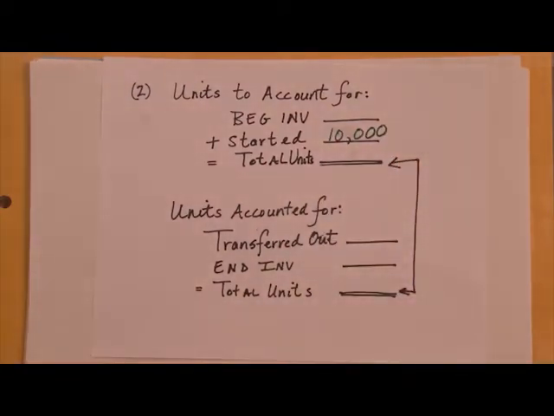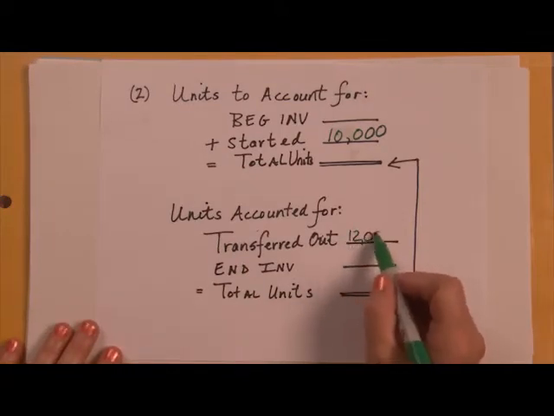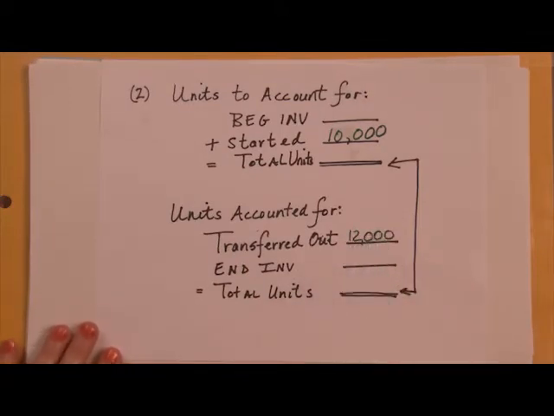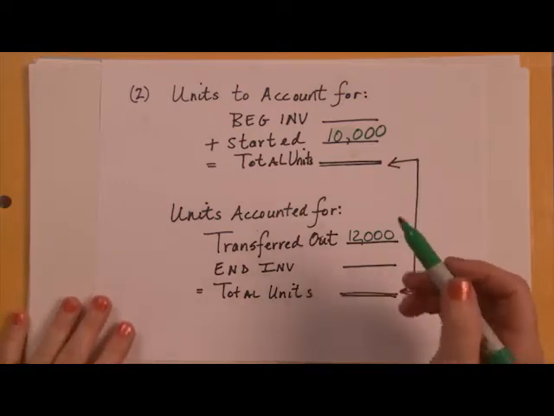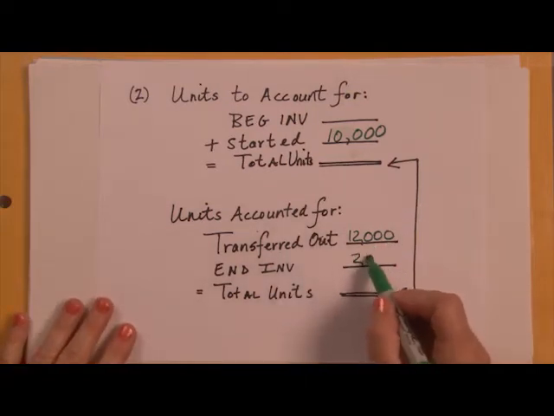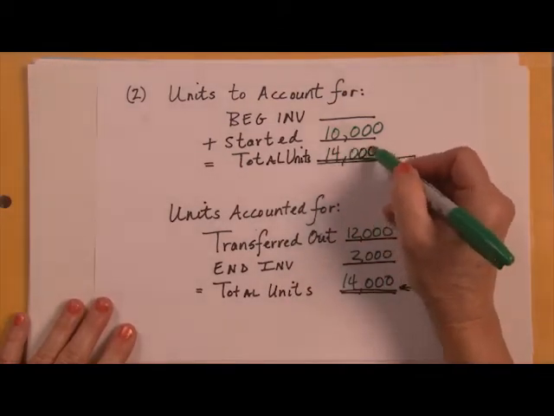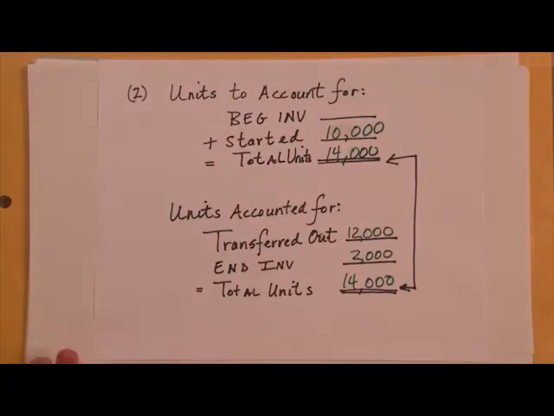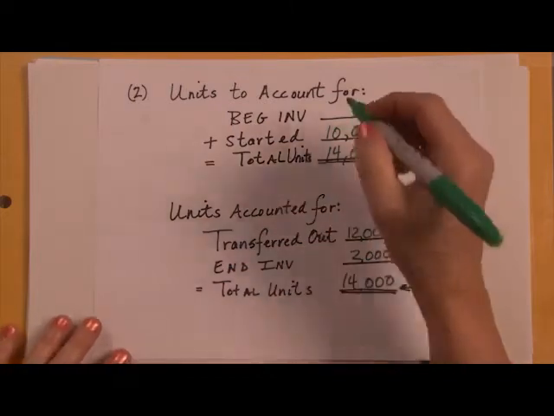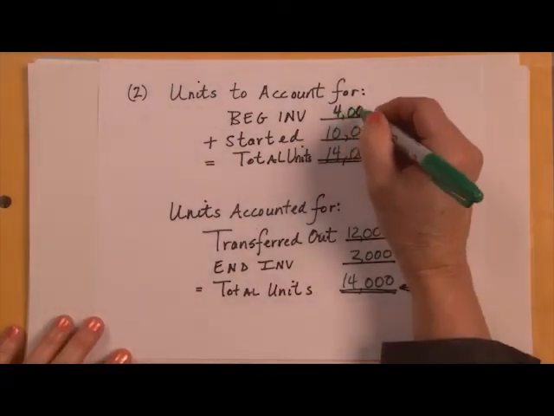We are also told that we transferred out 12,000, and we had 2,000 in ending inventory. So we're certain that there were 14,000 units. And because the units we have to account for must always equal the units accounted for, then it's very easy to back into this number for beginning inventory.